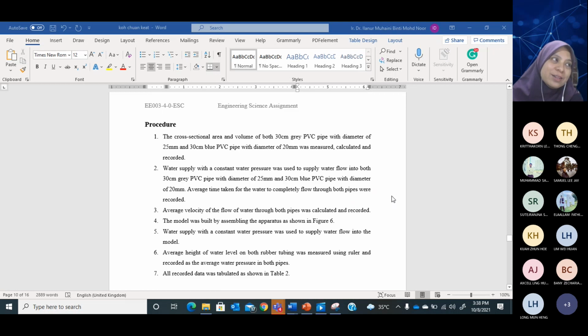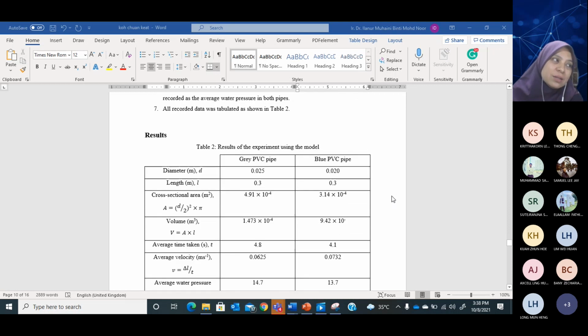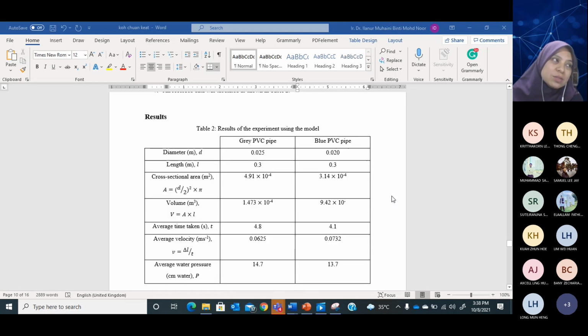After that, result. Okay, result on diameter, length, cross-sectional area, volume. Volume is A times L. Okay, if you don't know how to measure the volume, you measure the diameter first, divide by 2 to the power of 2 times pi.